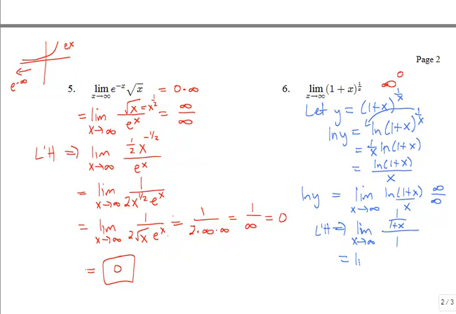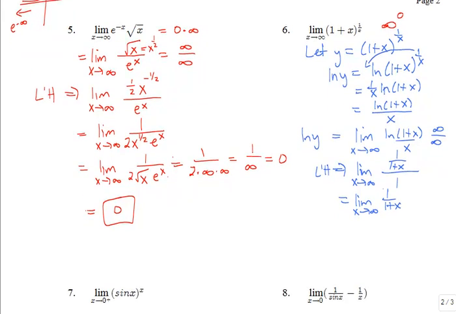So this is really just 1 over 1 plus x. We don't need that 1 in the bottom. And as I let x go to infinity, this denominator goes to infinity, and 1 over infinity goes to 0. So this limit is 0.